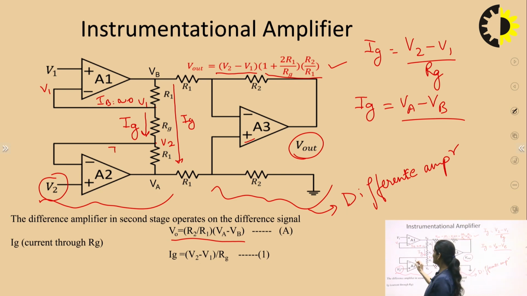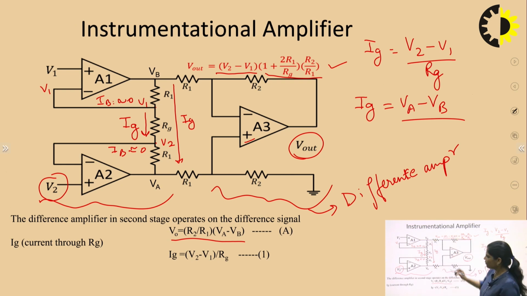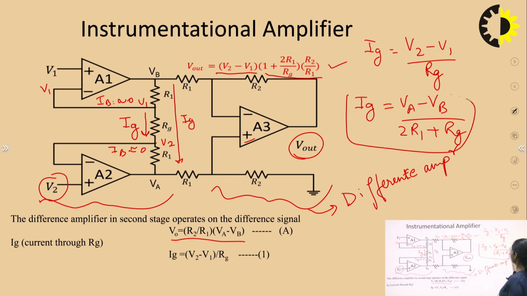Here also IB is nearly equal to 0. So the current which is flowing from this point to this point is IG, and you can find it from this terminal: IG is equal to VA minus VB upon the total resistance, 2R1 plus Rg. So IG is equal to V2 minus V1 upon Rg.